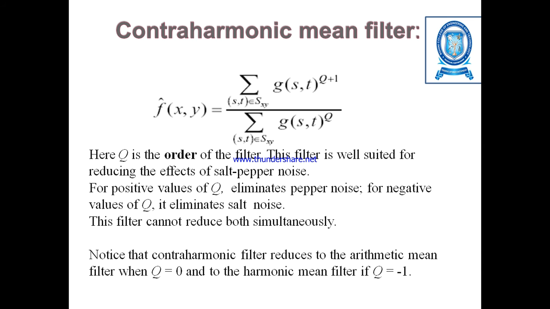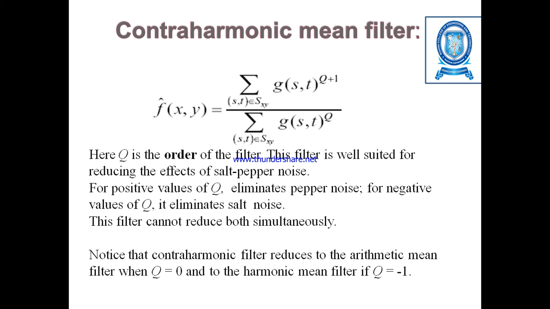Further, we have the contra-harmonic mean filter. In it we determine the order of the filter by the Q function. It is well suited for both black and white noise, that is, salt and pepper noise.